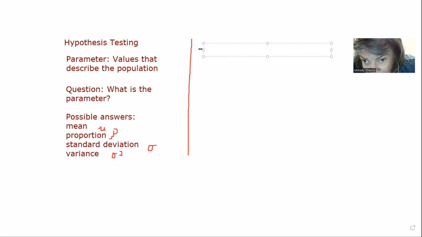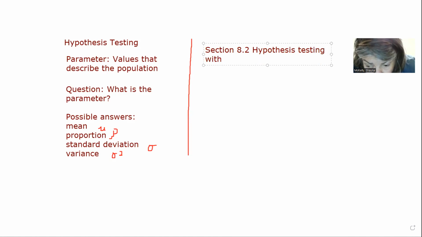Let me remind you, section 8.2, which was our first section, was hypothesis testing with sigma known, and that was a z-test. Anytime you know sigma, regardless of what the sample size is, that's an automatic z. It's when we don't know sigma that we have some uncertainty.